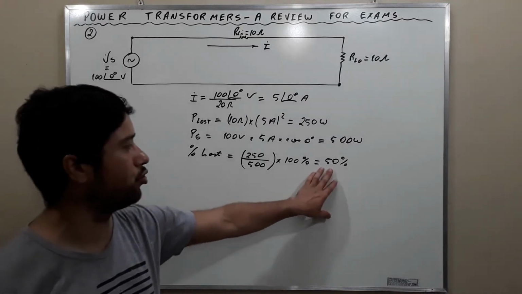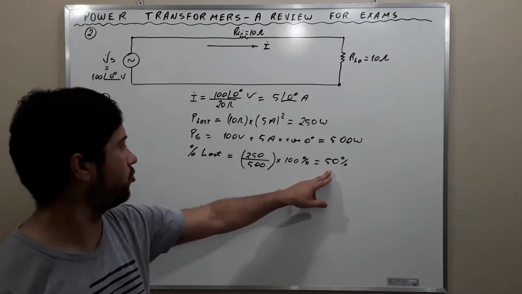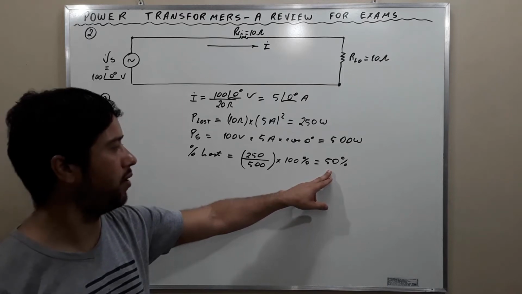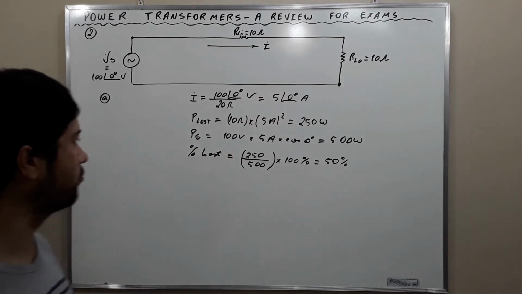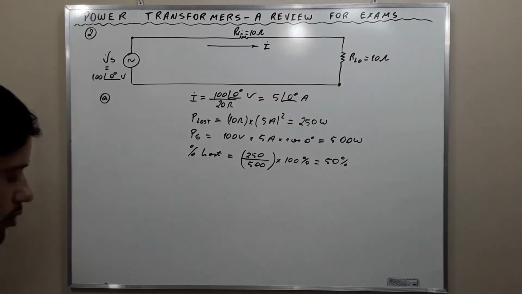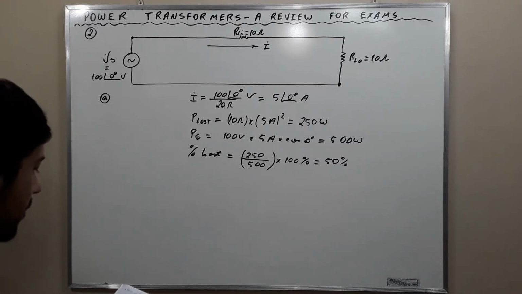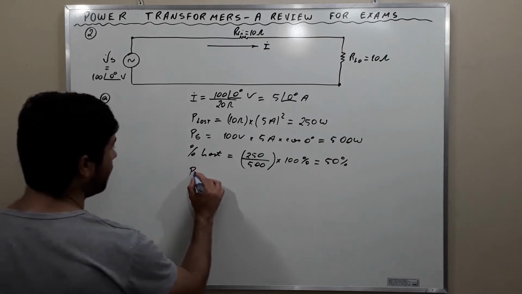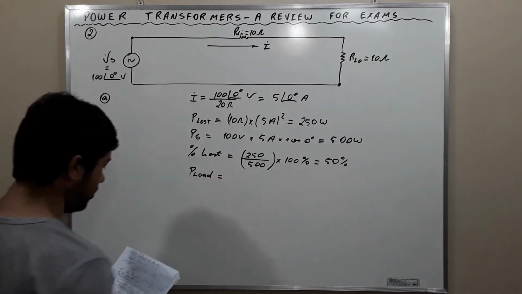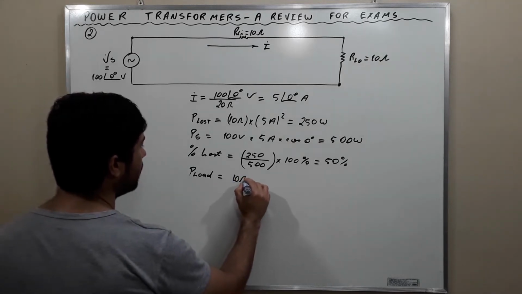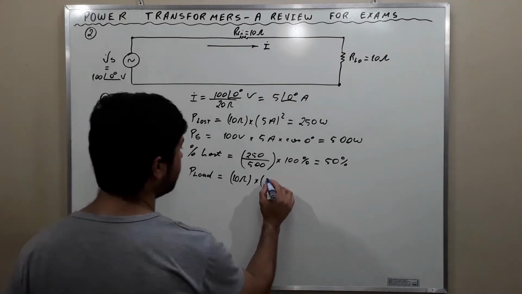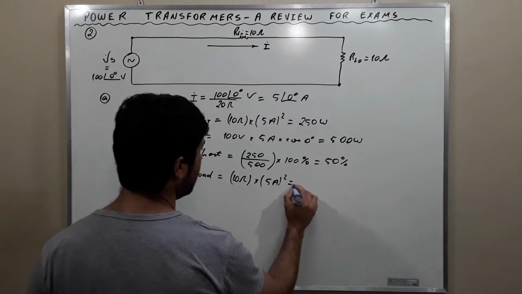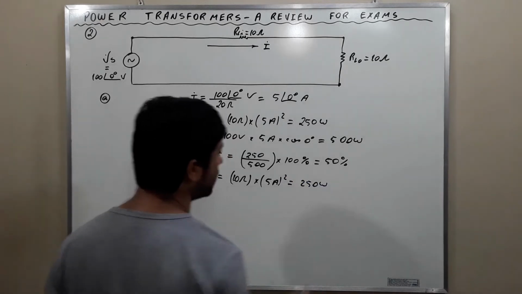This is what we want to measure and compare. We want to measure this parameter and compare it to the one we're going to get when we use transformers. Just to illustrate, we can also calculate the power delivered to the load, and the power delivered to the load is going to be the resistance of the load times the current delivered to the load squared, and this is 250 watts, okay?